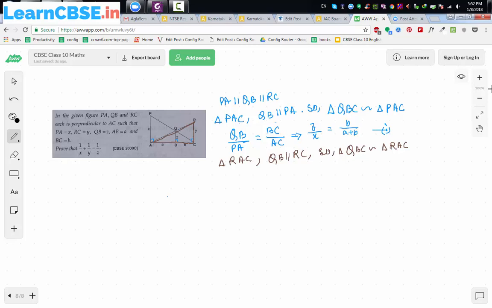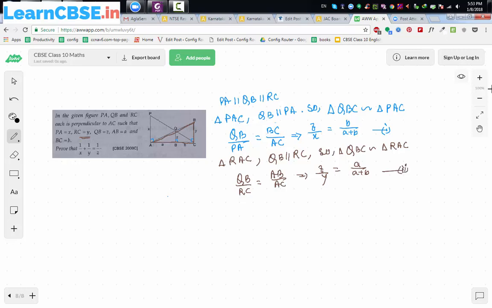Once these two triangles are similar, we can write that QB by RC equals AB by AC, as two similar triangles have their sides proportional. So from here we can write Z by Y, because RC is given as Y. So Z by Y equals A by A plus B. Okay, that's my second equation.